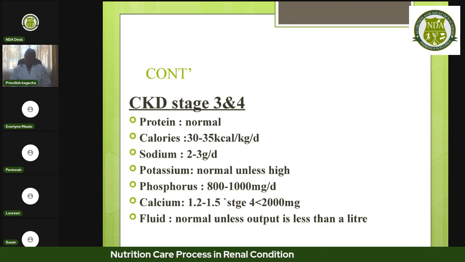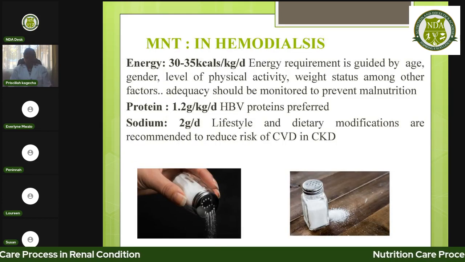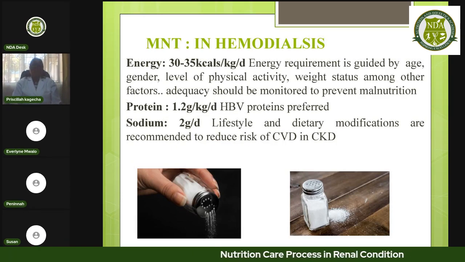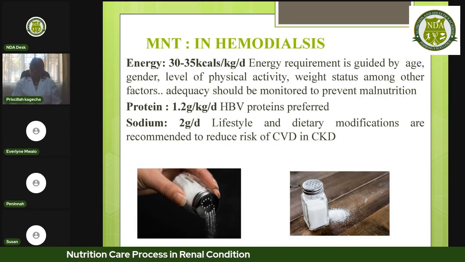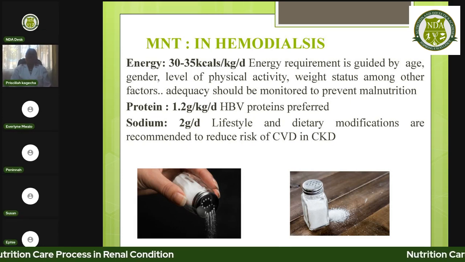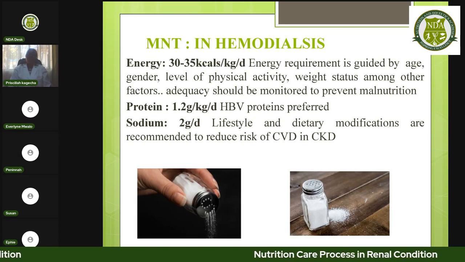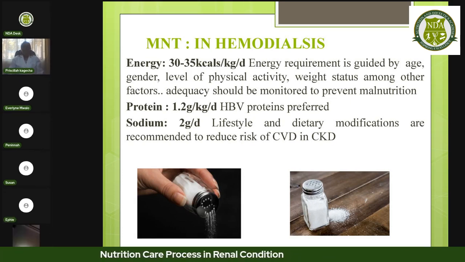So if the patient is on hemodialysis, the energy requirement will be guided by several factors: you want to look at their age, their physical activity, their weight status, and basically you will want to give between 30 to 35 kilocalories per kilogram per day.